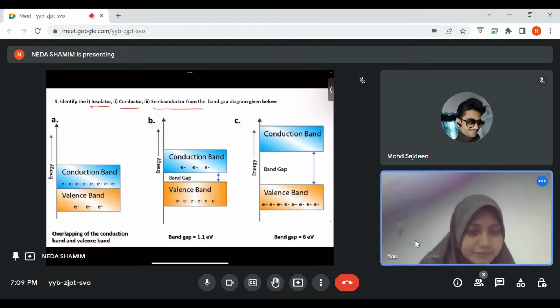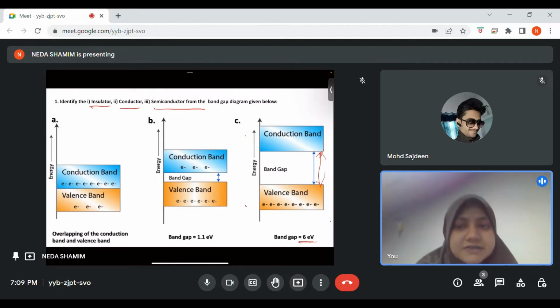Then I have another diagram, B, of a conduction band and valence band having a band gap of 1.1 electron volts. Then again I have a conduction band and a valence band, but these two are separated by a very large energy gap, around 6 electron volts.